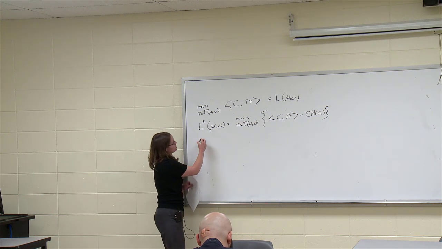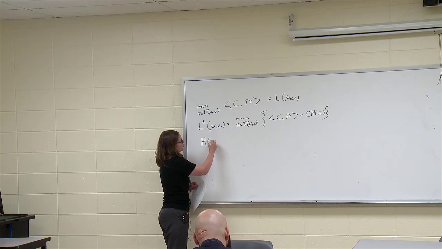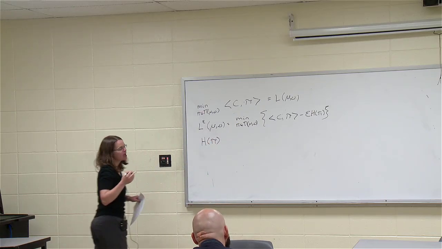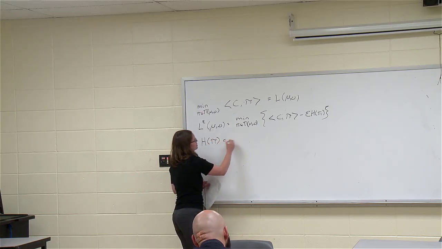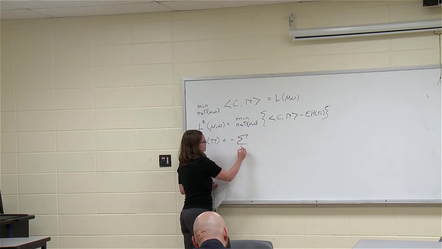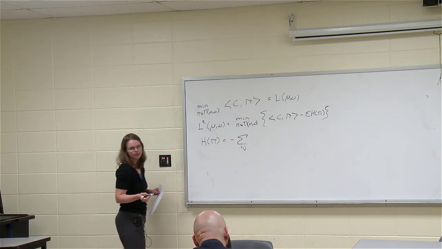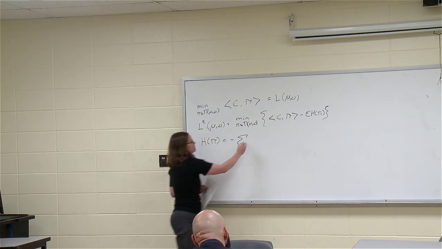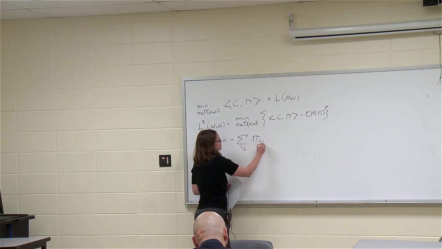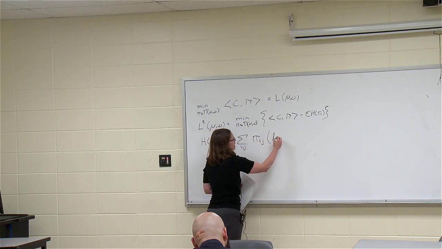And we suggested a form for this regularizing term, this entropy: we add up over all the components of pi, where pi is this matrix, and then we have something that looks like pi log pi.